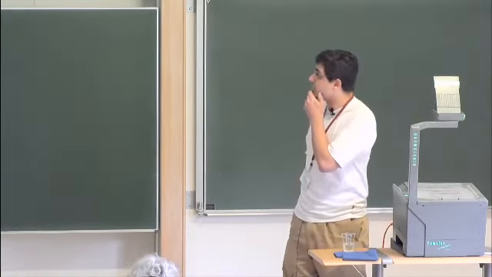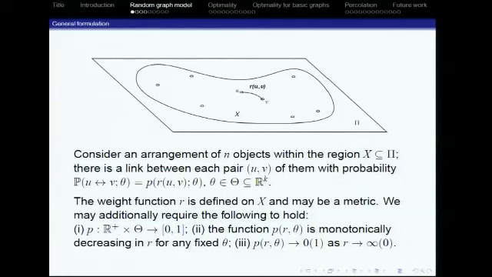And of course, it is natural to sometimes assume that these weights might stem from a metric, and we may additionally require some conditions, and natural ones are this function is 1 at 0 and 0 at infinity.